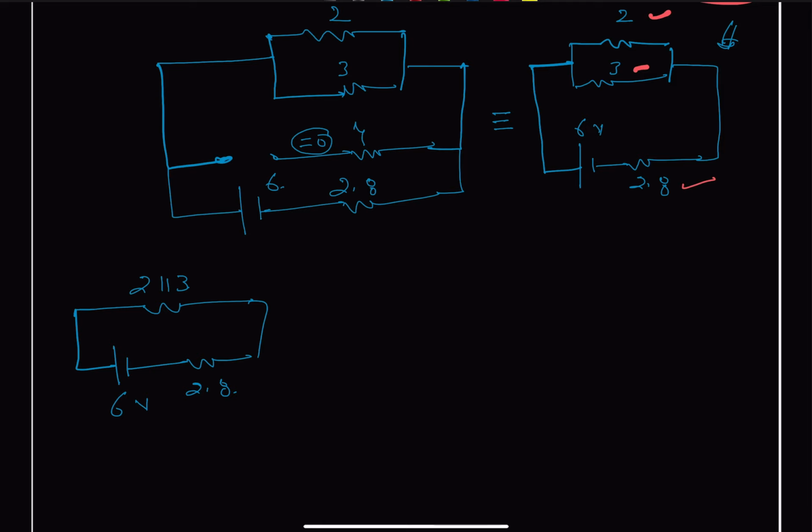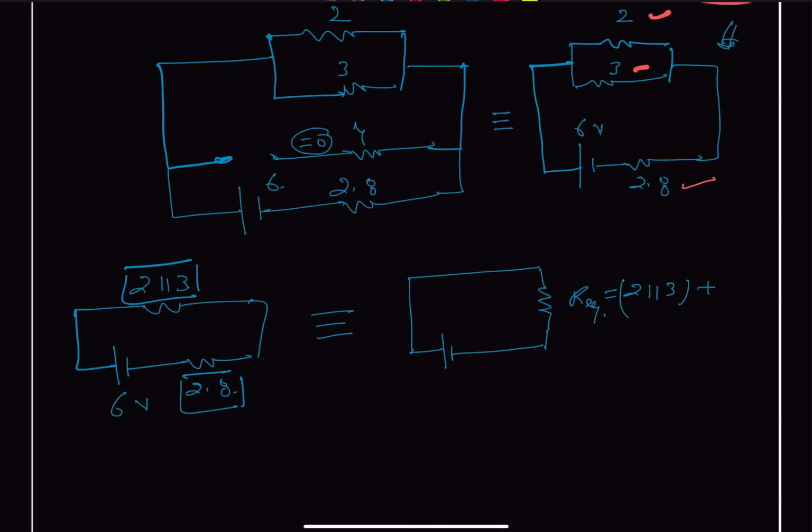Now this 2 parallel 3 and 2.8 are in series, so we can further draw it with the help of a single resistance, and that single resistance is our R equivalent, that will be 2 parallel 3 plus 2.8, and this is our applied voltage, that is 6 volt.